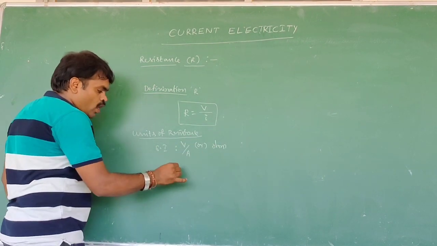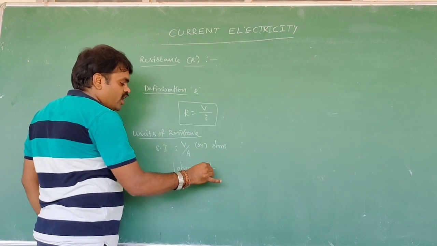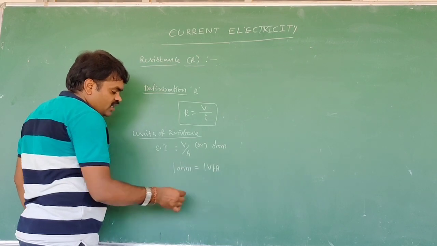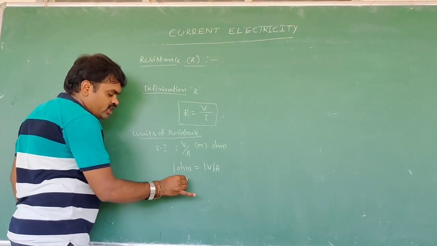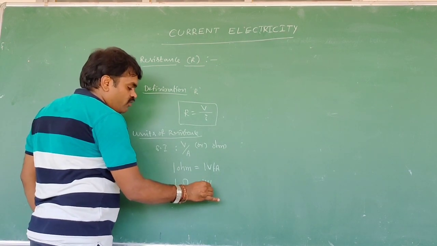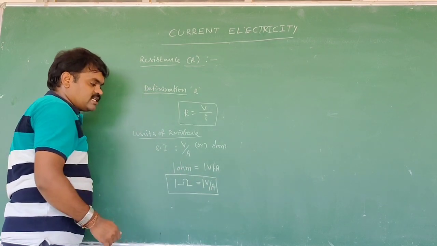That is, 1 ohm is equal to 1 volt per ampere. Here ohm is symbolically denoted like this. Ohm is equal to 1 volt per ampere. This is the SI unit of resistance.